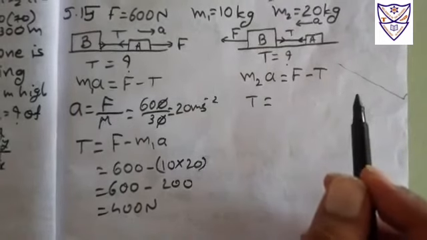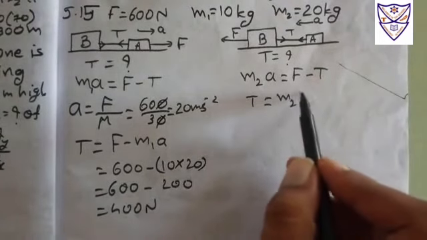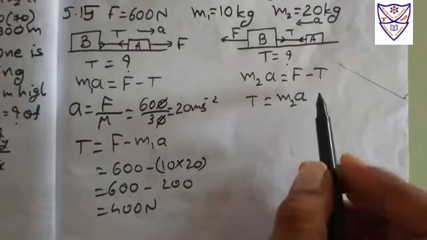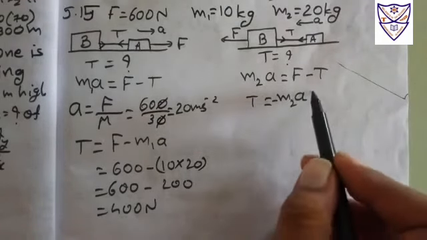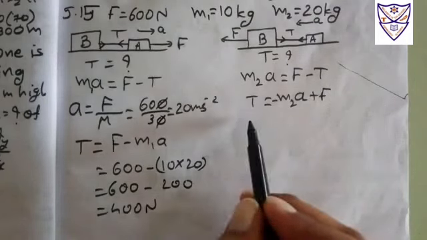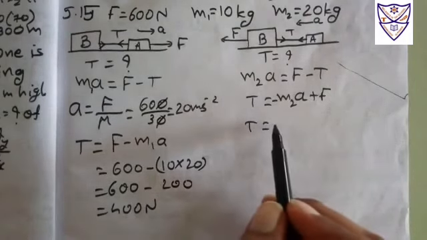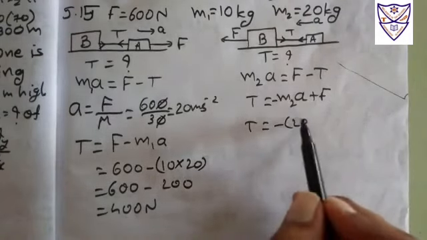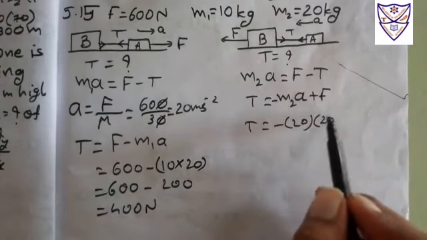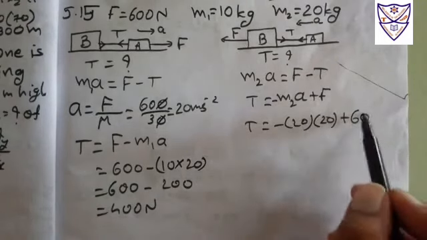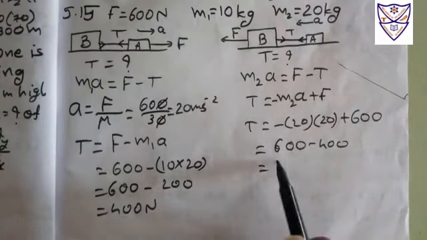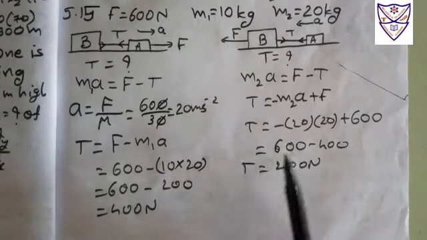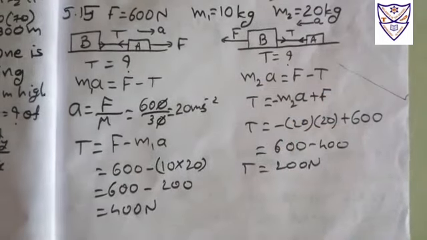So T subject, T is equal to minus m2A plus F, right? So now we need to just put in all the terms. m2 is 20, acceleration 20 again, plus force is 600. So yes, 600 minus 400, answer will be 200, right? So for this case our tension will be 200 Newton.